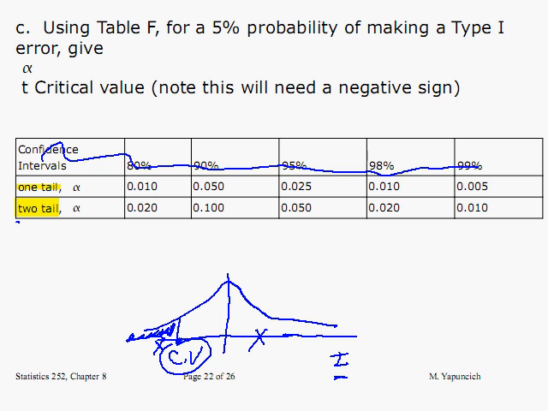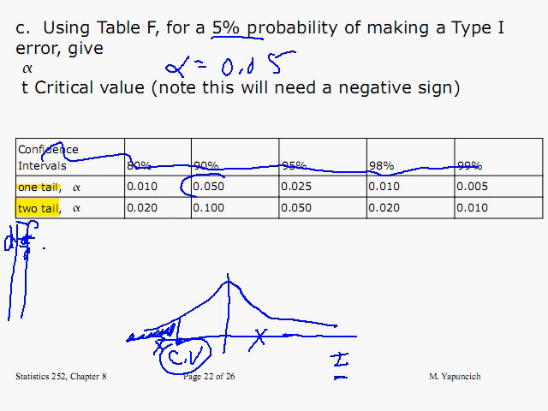Over here on this edge, if you look down the column, you'll see degrees of freedom is written out here. Okay, you look over and find your alpha. Well, if the probability is 5%, and that's been fixed, then alpha is 0.05.